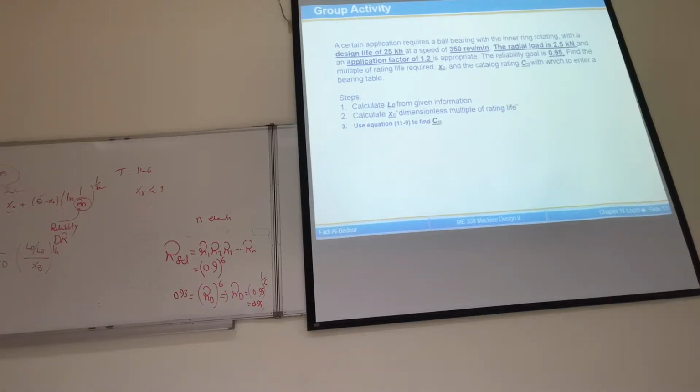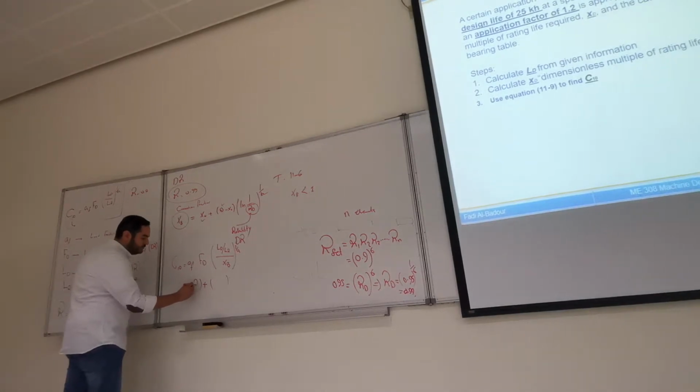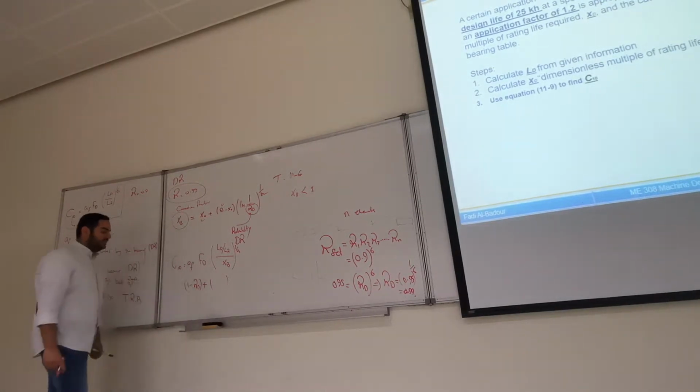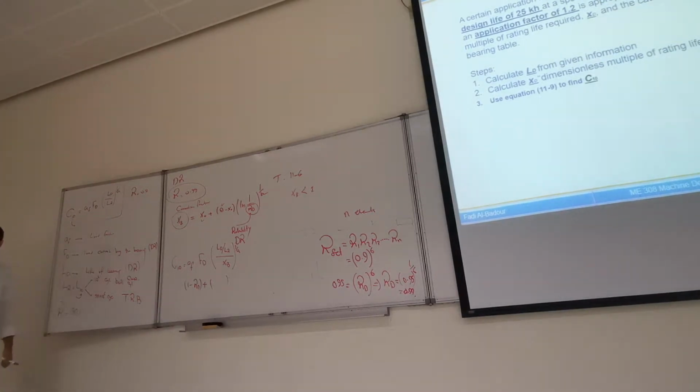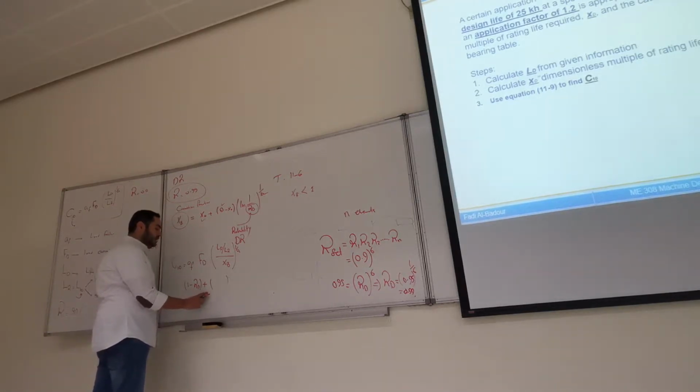I forget the formula for reliability of a parallel system, but it is like this. It is the summation of the difference. So 1 minus the reliability of the first bearing, and all divided by something.